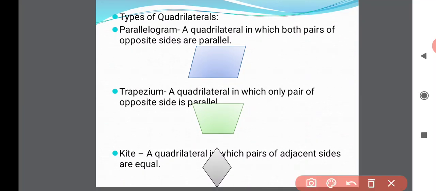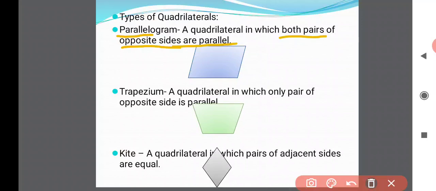So our 3 basic types, actually, are parallelogram. As the name suggests, the word parallel is here. So it means a quadrilateral in which both pairs, we know how many pairs we have? 2 pairs. So a quadrilateral in which both pairs of opposite sides are parallel is known as a parallelogram.